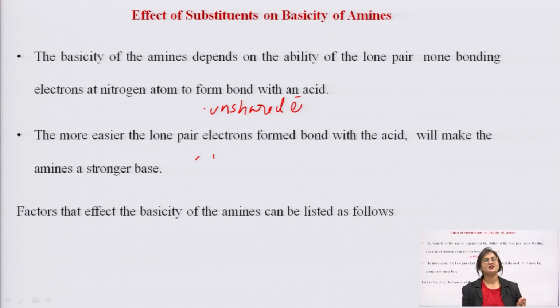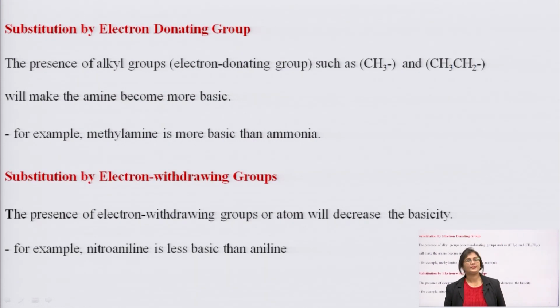Next, factors that affect the basicity of the amine can be listed as follows. Substitution by electron donating groups. The presence of alkyl groups or electron donating groups such as methyl or ethyl groups will make the amine more basic, because these are electron donating groups which help in increasing the electron cloud around the nitrogen atom. For example, methylamine is more basic than ammonia.